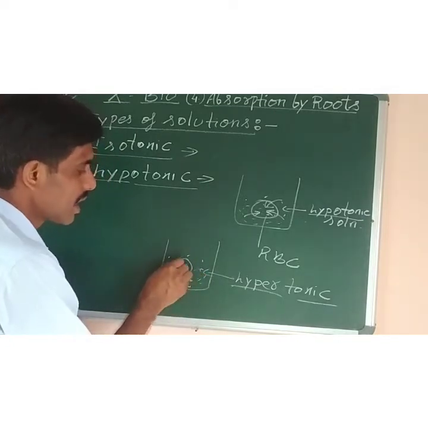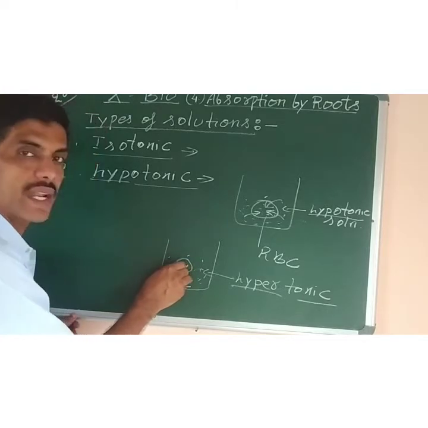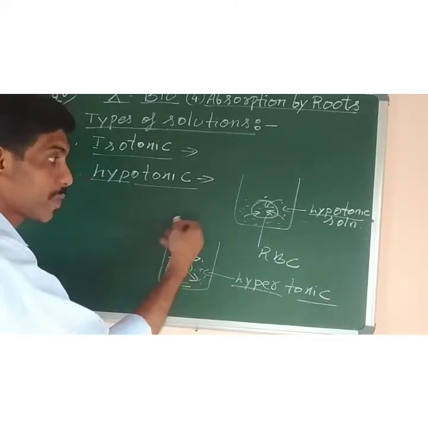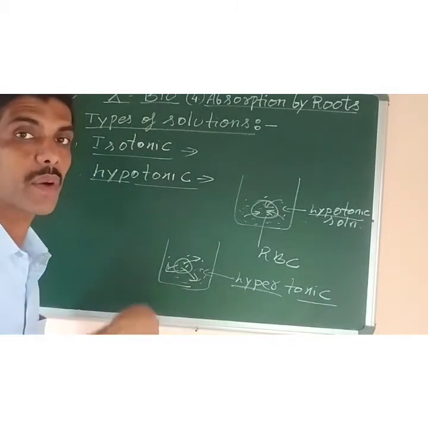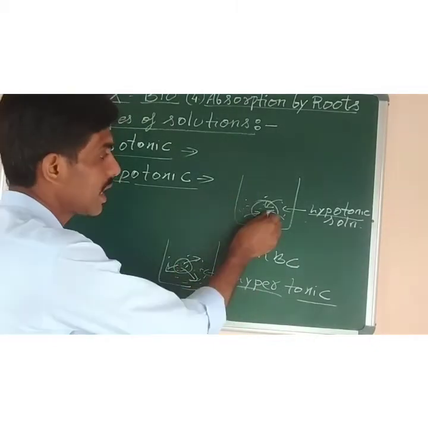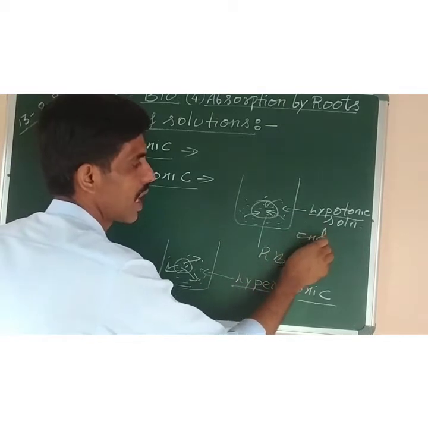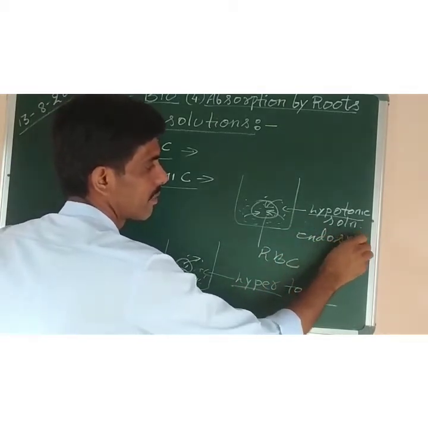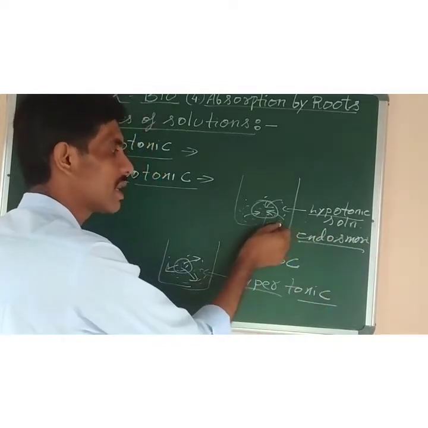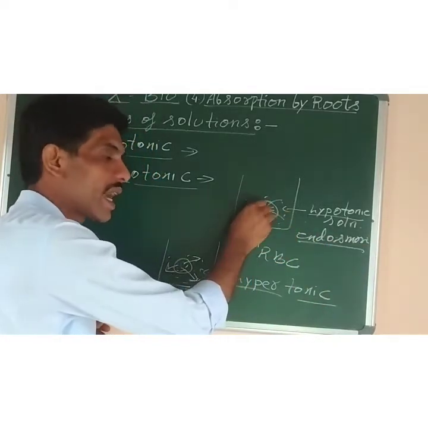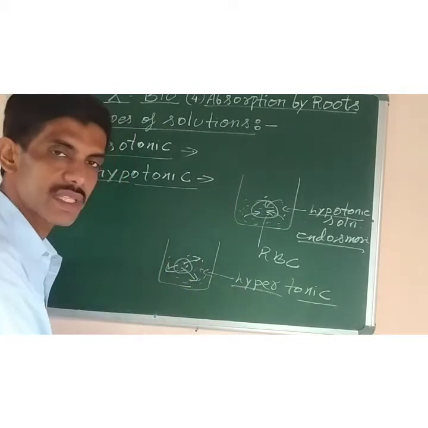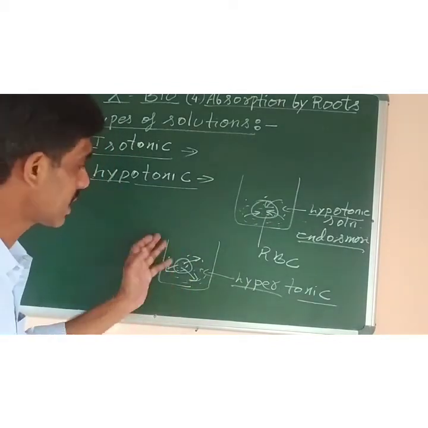So as a result, the water molecules which are more inside the RBC will come outside by exosmosis. Exo means coming outside the cell. And here it is known as endosmosis. Endo means the water molecules going inside the RBC. And exosmosis means the water molecules leaving the cell and going to the surroundings, that is, to the outside.